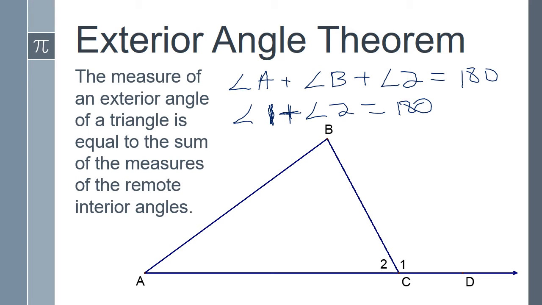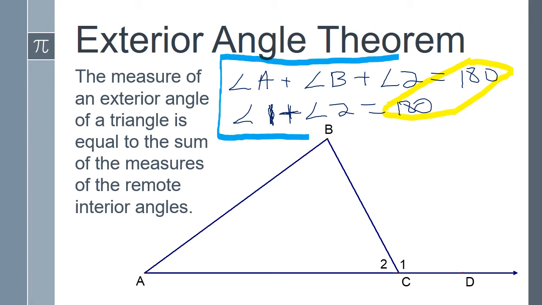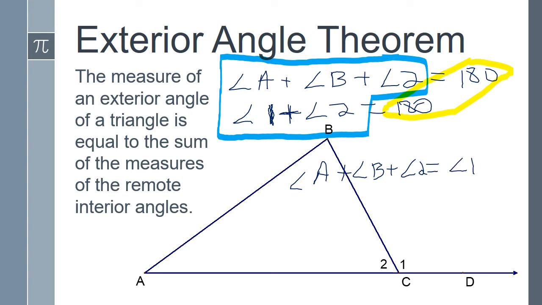Well, we know that by substitution, if one side of an equation is equal, then the other sides are equal as well. So we're going to say that angle A plus angle B plus angle 2 equals angle 1 plus angle 2.